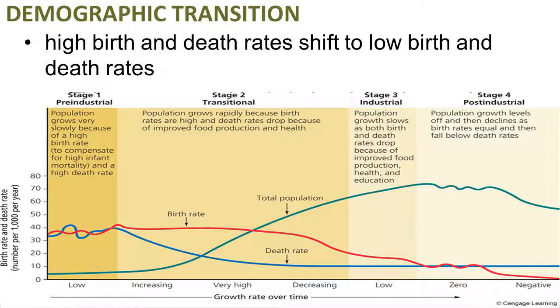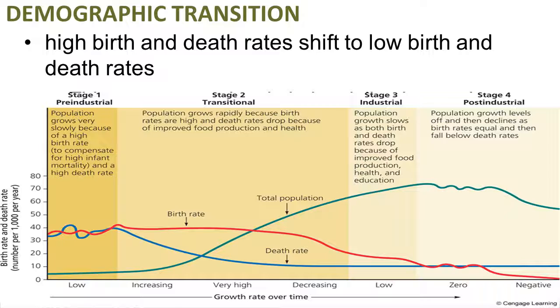During stage 2, population grows rapidly because birth rates are high, but death rates have decreased because maybe there's improved food production, better sanitation, or more health care available to the population. So you can see in the graphic, the birth rate is still somewhat high, but the death rate declined, and as a result, total population still grew.